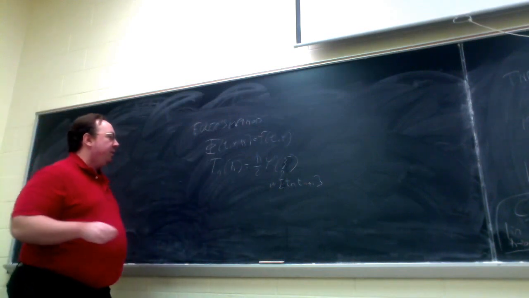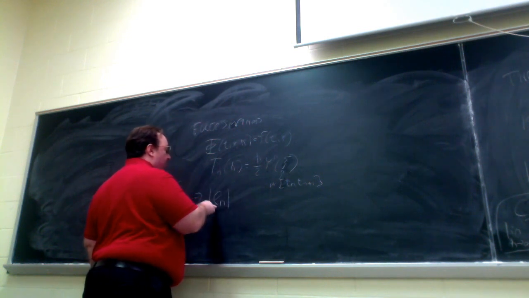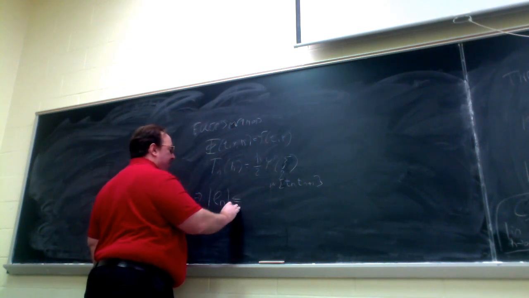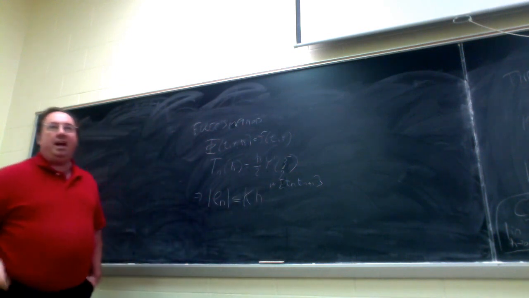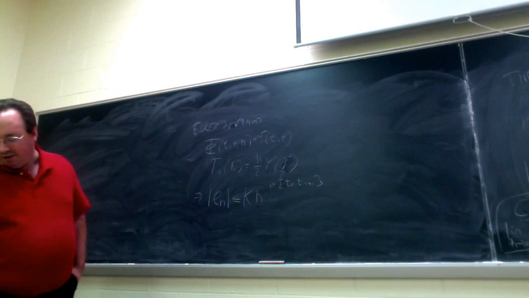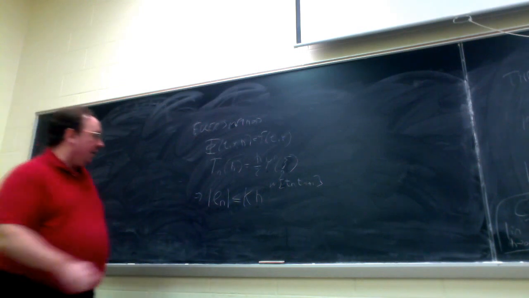So what that means is your global error can be bounded by some constant k times h. The important thing is that it's h to the first power that is the bound.